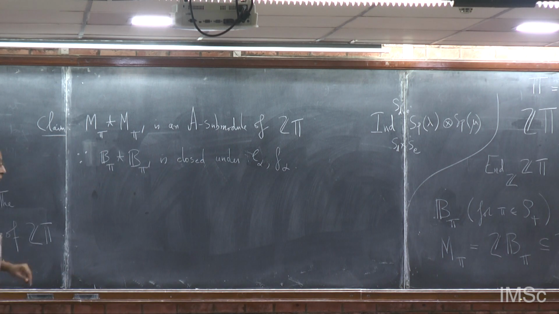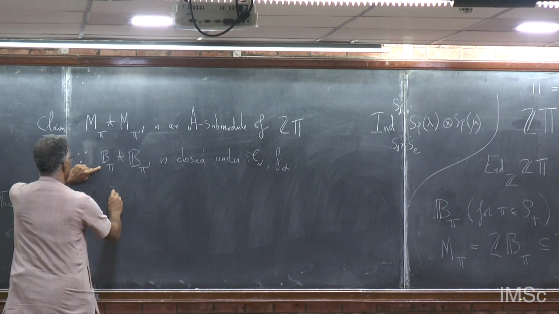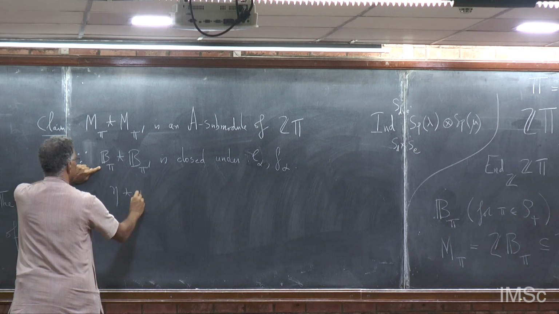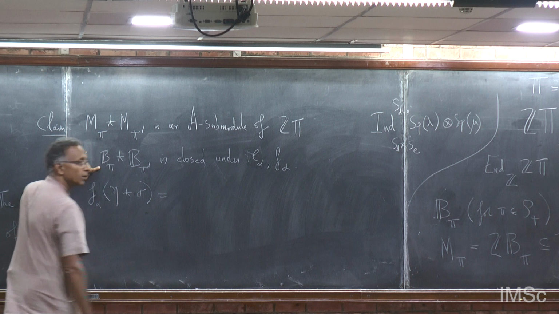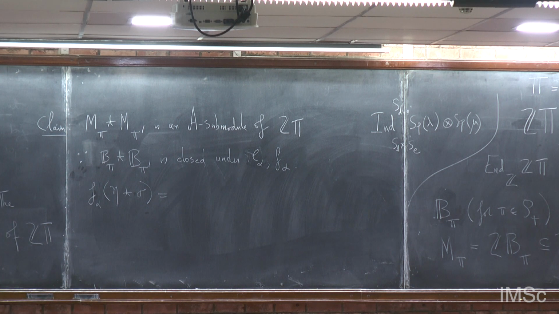Why so? If I take eta here, concatenate with sigma here and act f alpha here, what is this? This requires the fact that if eta and sigma have the minimal integrality property, MIP, then it goes into one of them.